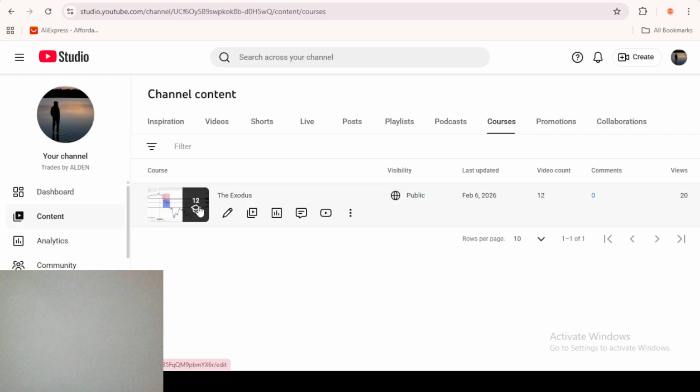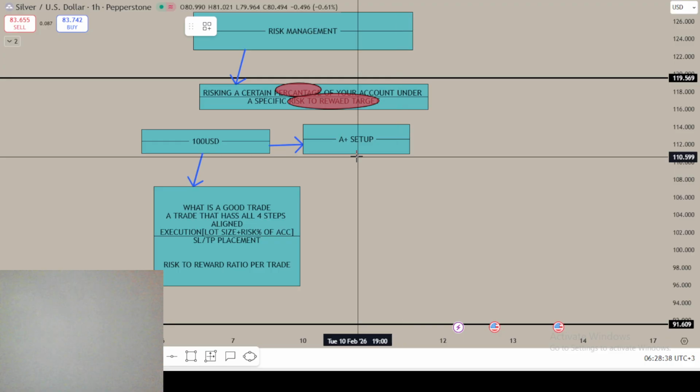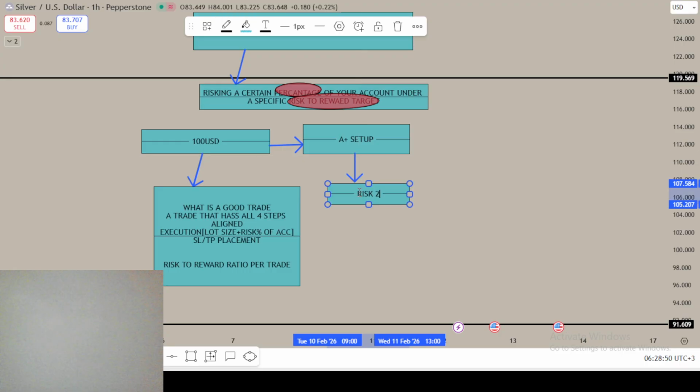If all of these things are aligned and the trade is presenting itself in New York session, I risk up to 25% of the account. But for me to risk 25% of the account, we have to have, let me show you, this A plus setup. Risk 25%.